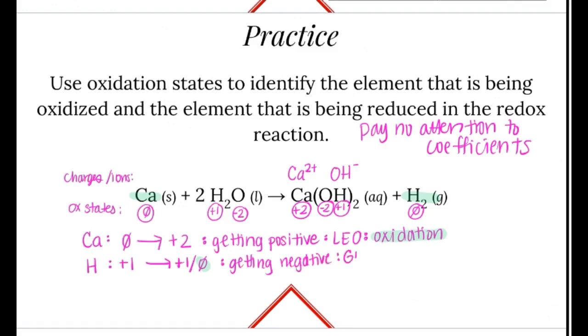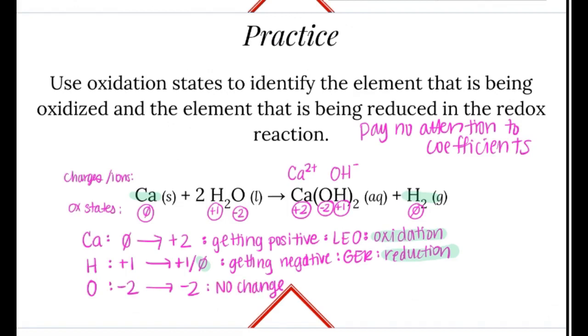So that's GER. So that's reduction. So the hydrogen is getting reduced. If you want to check, let's look at the oxygen. The oxygen is going from -2 to -2, no change. It is not being oxidized or reduced.